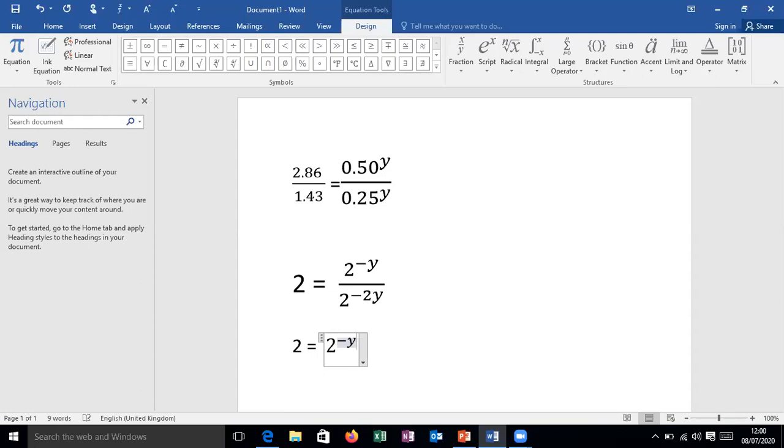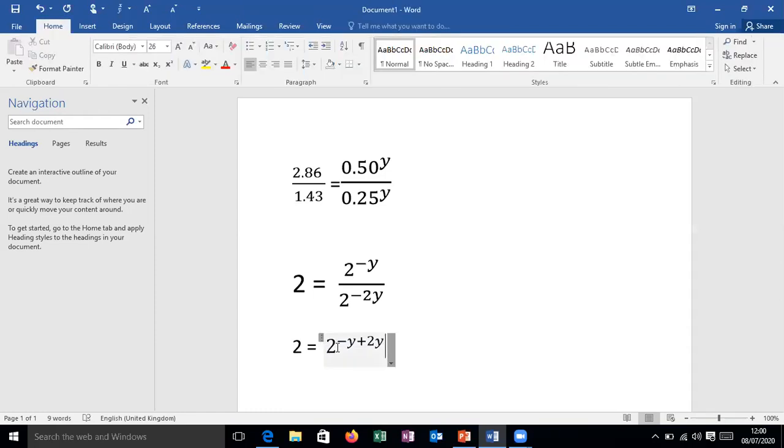Sorry. So that will leave us with 2 being equal to this, as short.